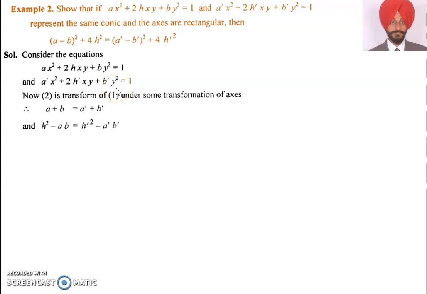So how do we solve this? Consider the equation ax square plus 2hxy plus by square is equal to 1 and a dash x square plus 2h dash xy plus b dash y square is equal to 1.